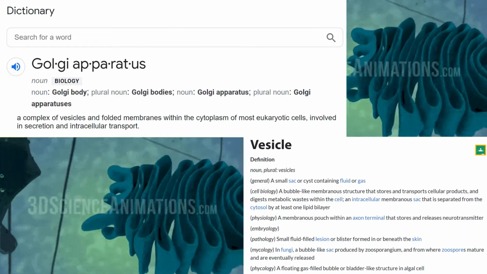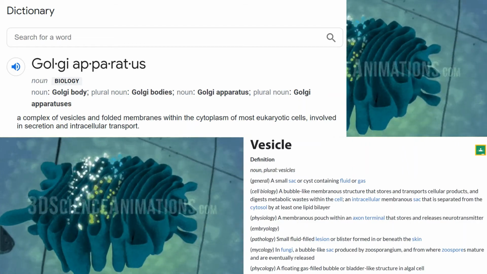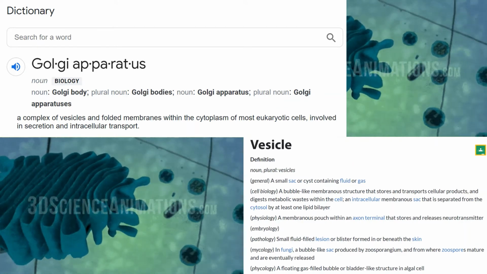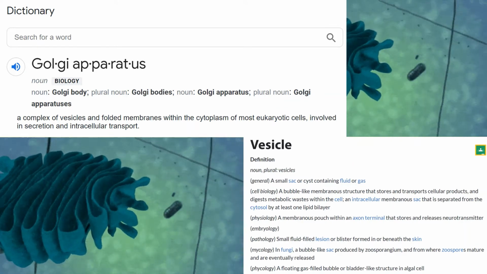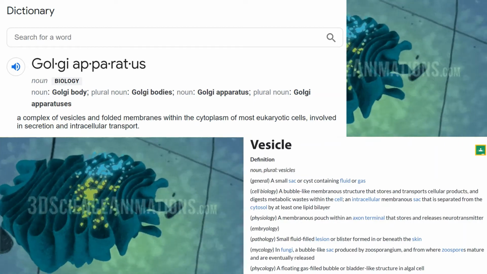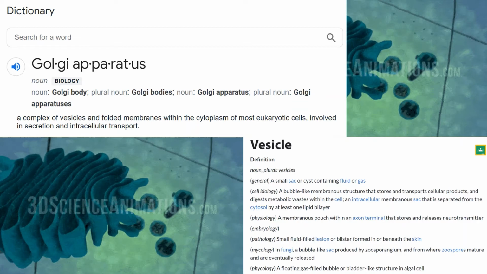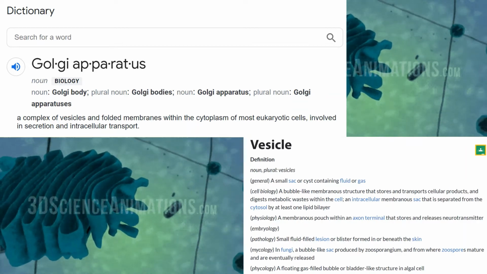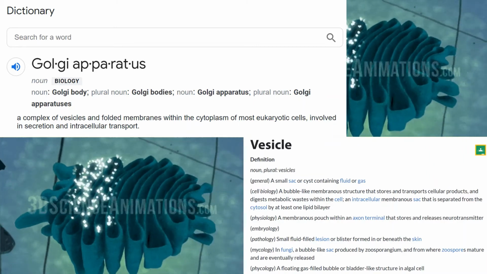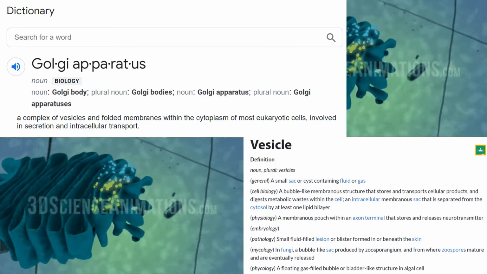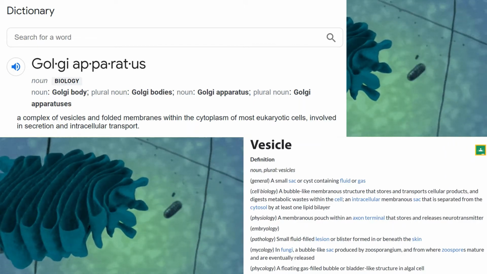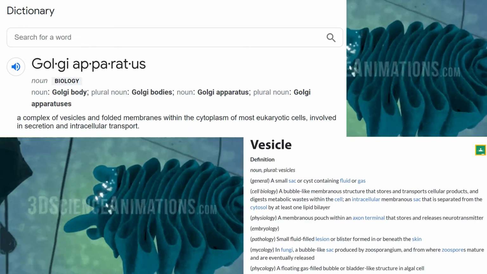It surrounds larger molecules in these little balls of cell membrane. Then the Golgi apparatus sends these balls of cell membrane, or vesicles, to wherever they need to go in the cell, and when they reach their destination, the vesicle breaks open and the molecule comes out. So again, the Golgi apparatus creates vesicles, those little balls of membrane surrounding the molecule.